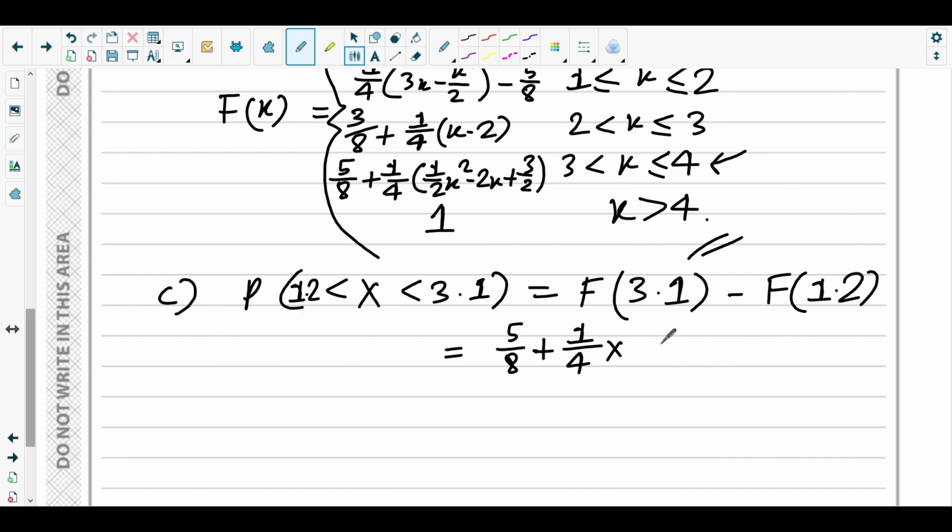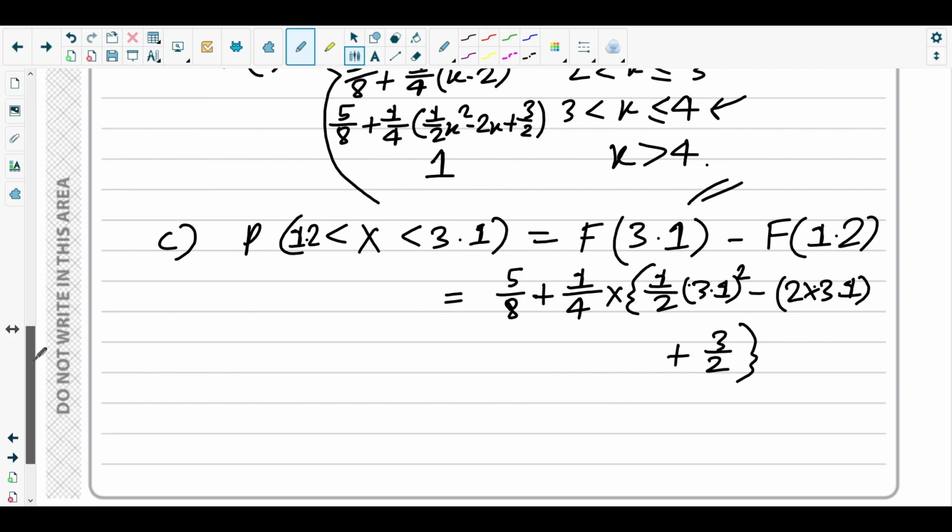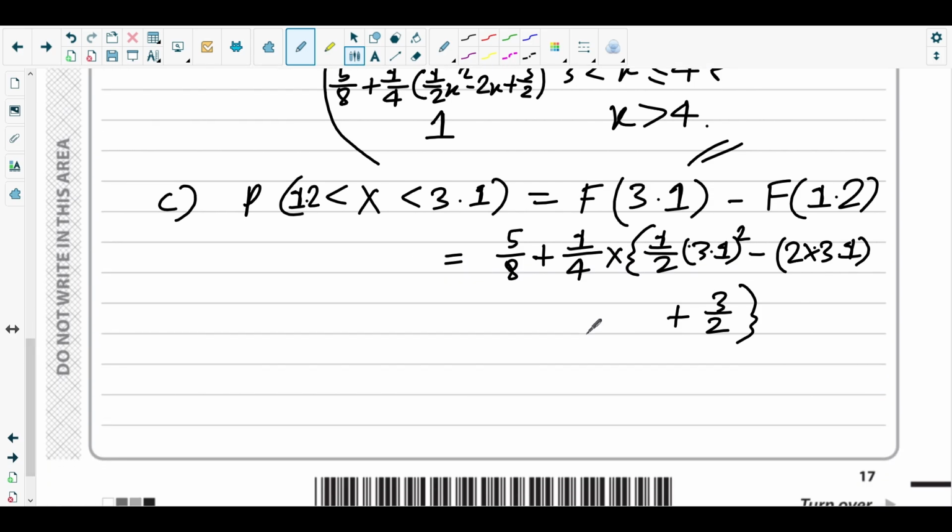So that would be half of 3.1 squared, minus 2 times 3.1, plus 3/2. You need to calculate it using your calculator, and then from that we need to subtract f of 1.2.